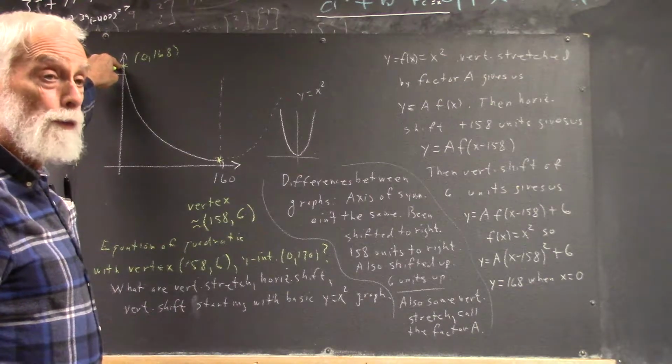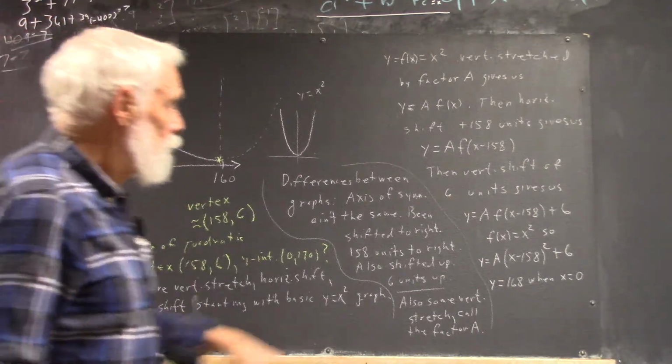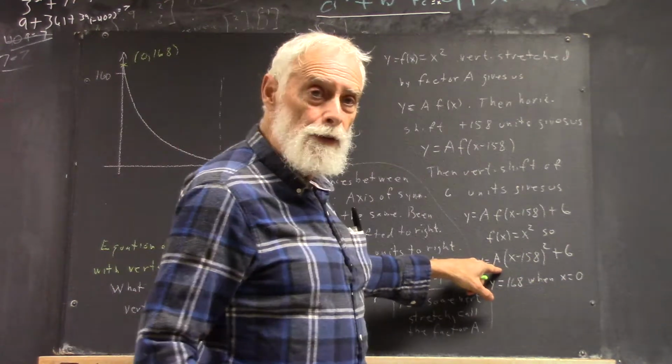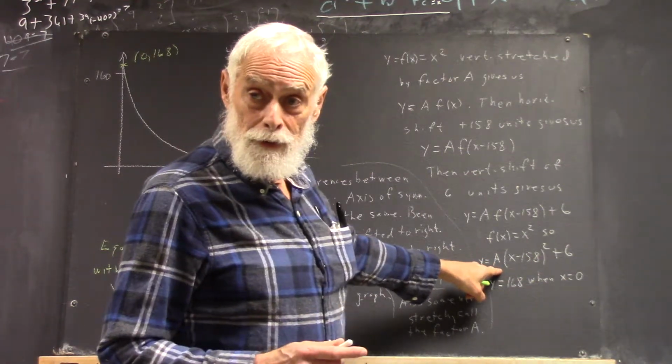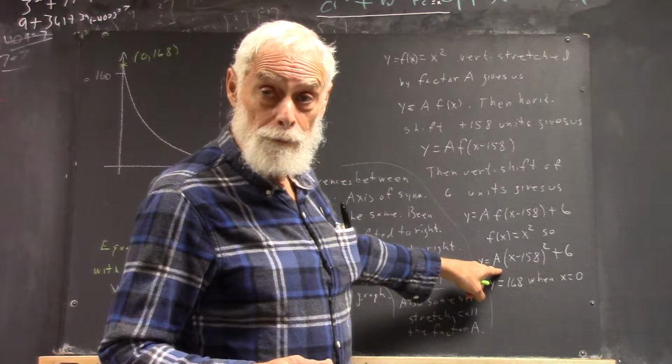If you know the coordinates of one point on the graph, you can plug them in, and it'll give an equation with the only one unknown, a. And you'll be able to solve it for a.